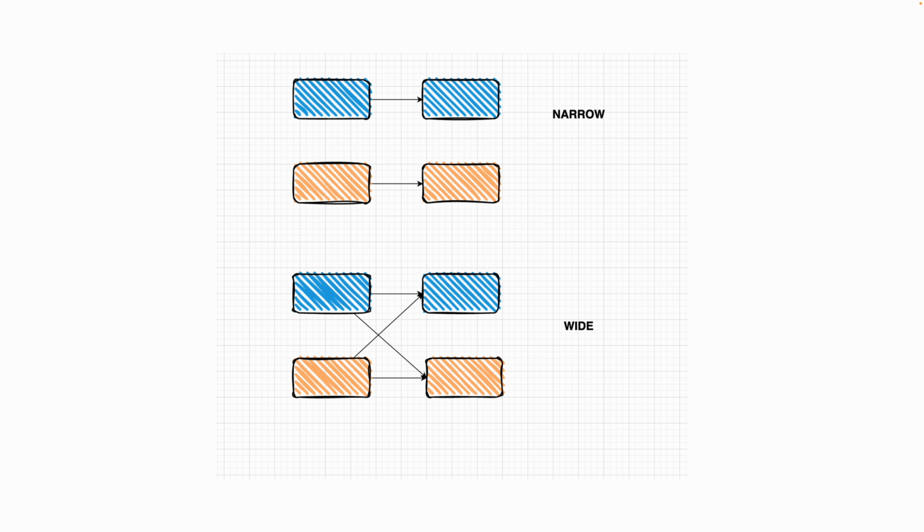Now let's see how narrow and wide transformations occur with the transformations readily available in Spark, like filter, map, groupBy and reduceByKey. Few of these perform narrow transformations and few perform wide transformations.